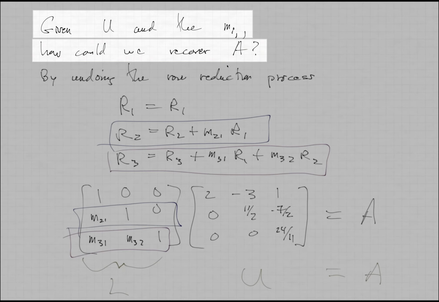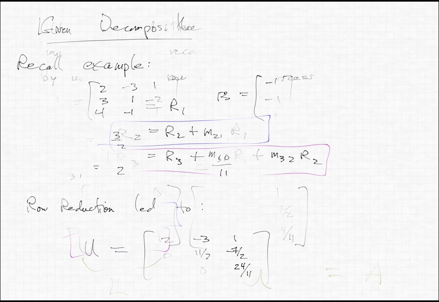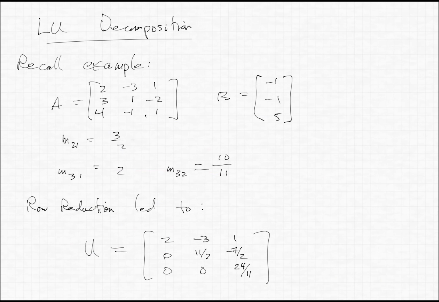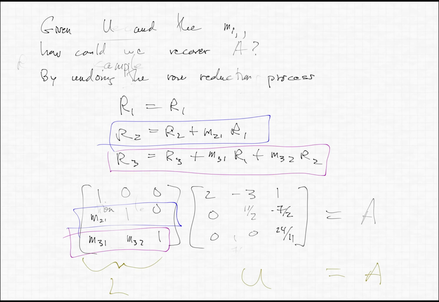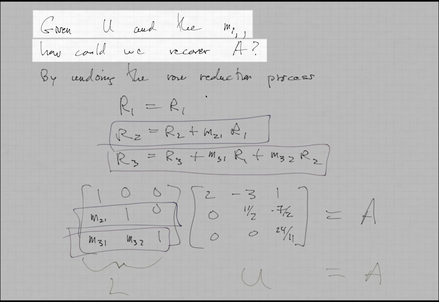The multipliers were the numbers we used when we were subtracting off multiples of rows to simplify the lower rows. For example, this multiplier here, M21, we used to multiply the first row and subtract that multiple from the second row. So we modified the second row by subtracting M21 times the first row. It seems we ought to be able to recover the original second row by adding that number back.